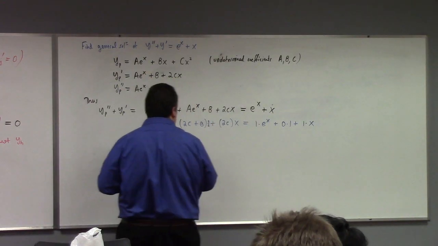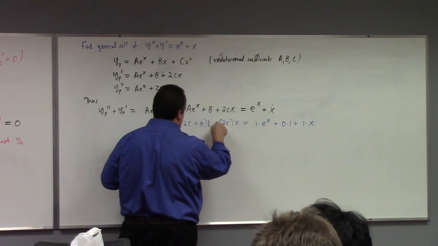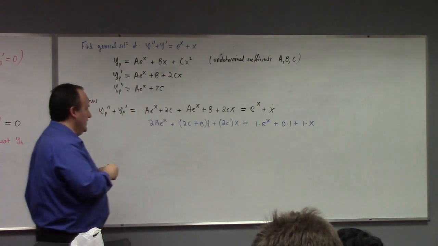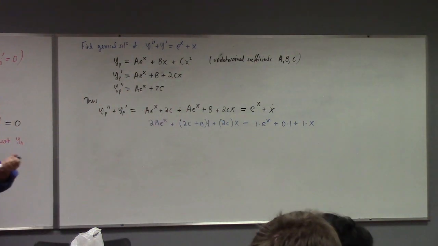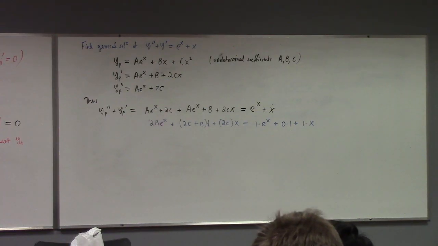I'm writing the 1 and the 0 just to point out what's going on here. The larger point is that e^x, x, and 1 are linearly independent functions. One of the major theorems we learn in linear algebra about linearly independent functions is that you can equate their coefficients.